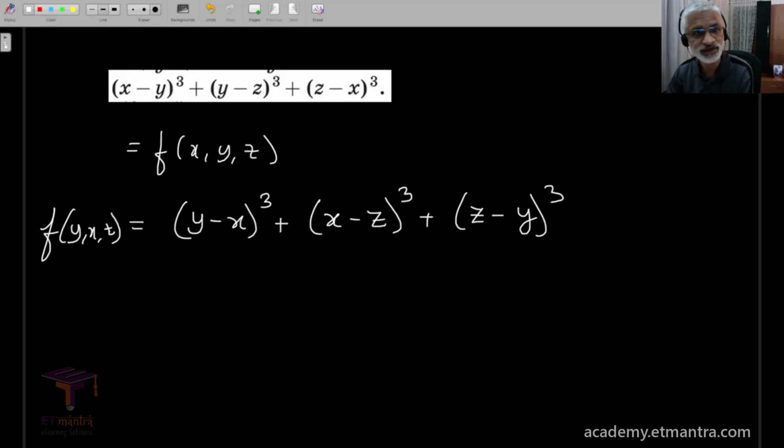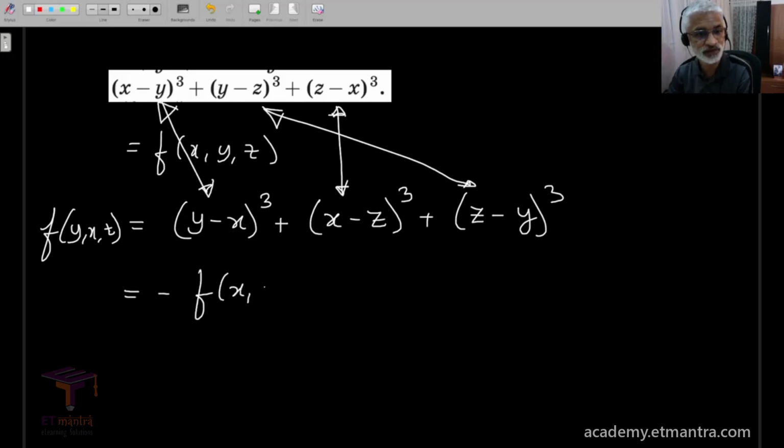You can see here that these two terms are negative of each other, and these two terms are negative of each other, and these two terms are negative of each other, which means that this is equal to minus f of x, y, z, and this implies that the function is antisymmetric.